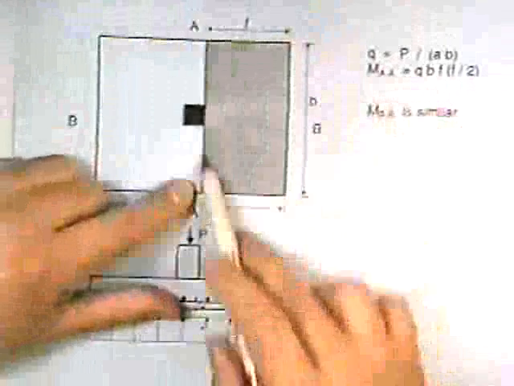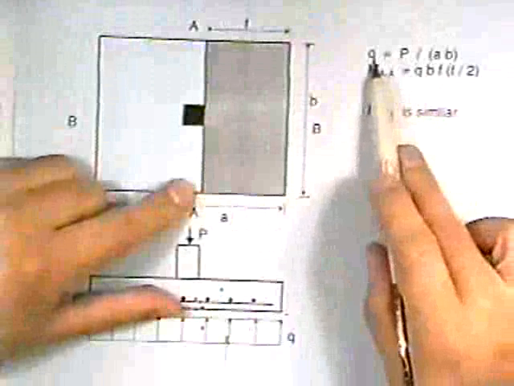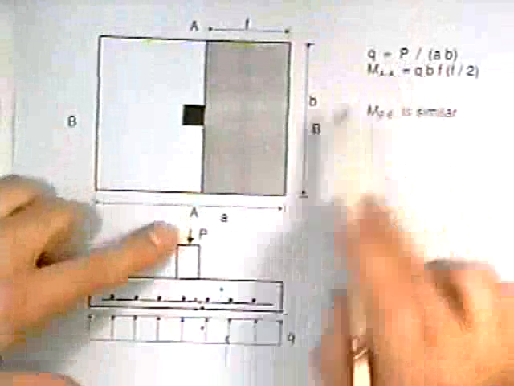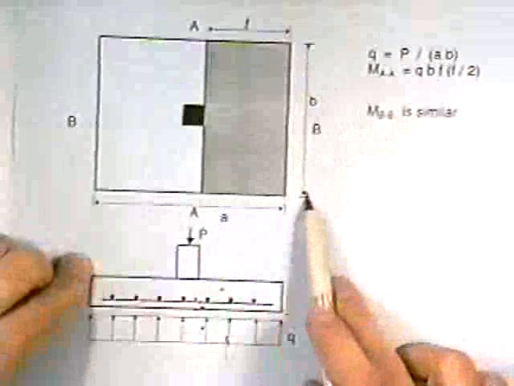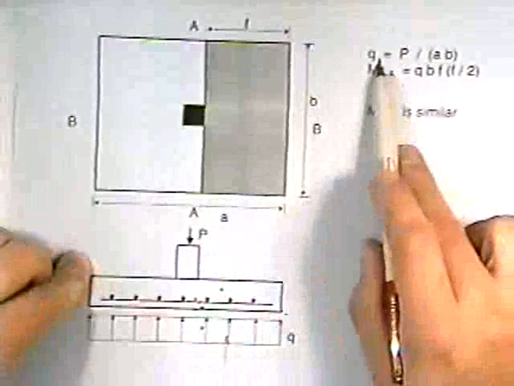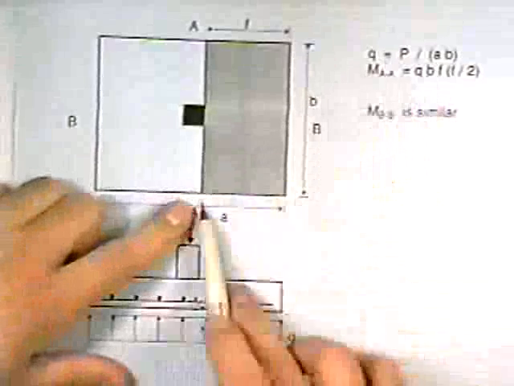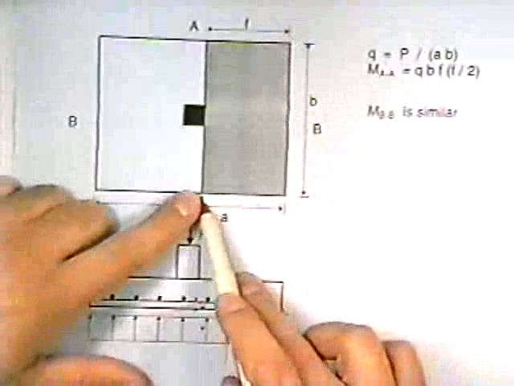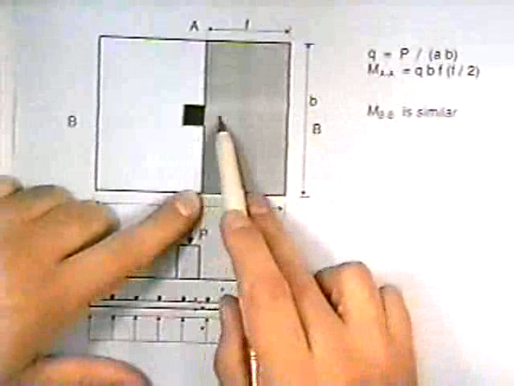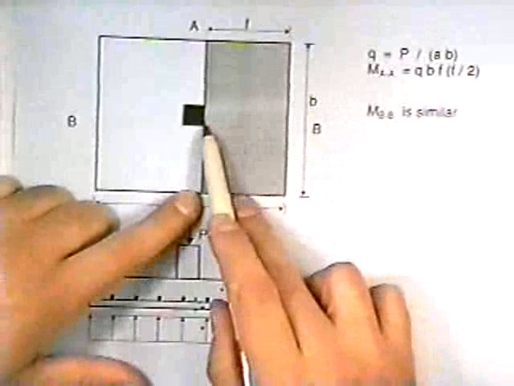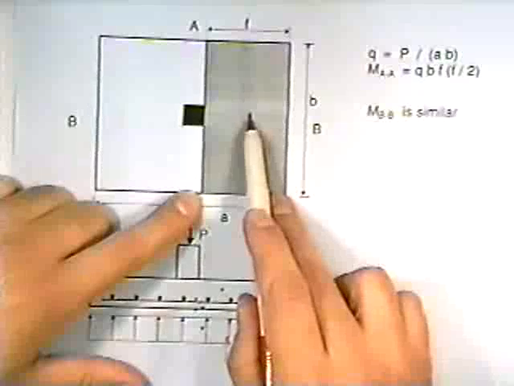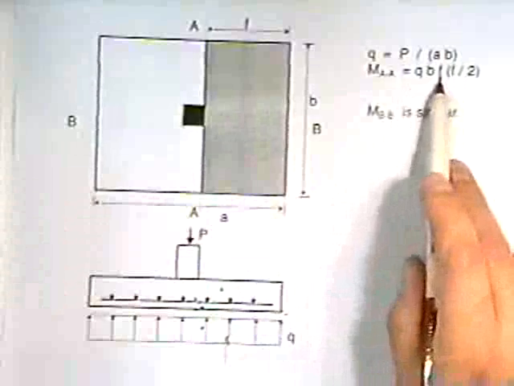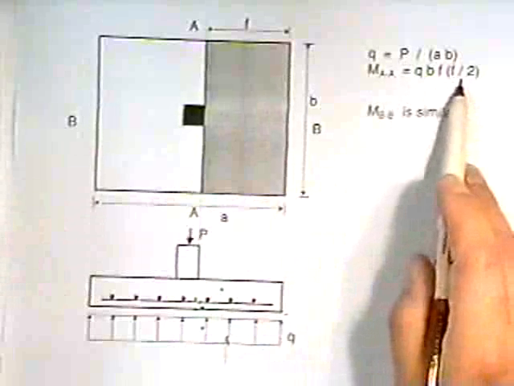The moment about axis AA is the uniform loading Q, which I find to be equal to P divided by the area of the footing, which I say is AB, times B, that's this length, times F, which is this length, times its distance from the face of the column to the centroid of this area, which is at a distance of F over 2. So what you get is QB F squared divided by 2.